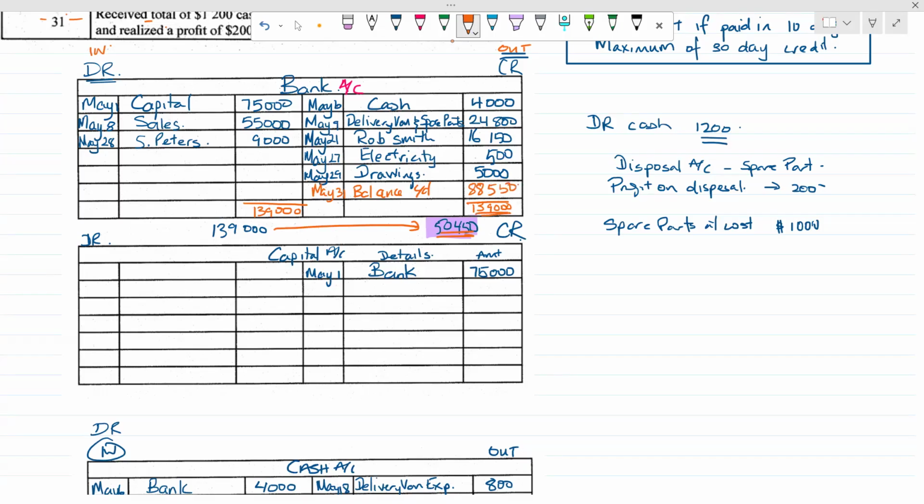And that's going to allow us to get both sides to balance. It also means that at the start of the new month, when I go on to June 1st, I will be starting that month with a balance brought forward of 88,550. To show that our account is balanced, we usually use double lines. Yeah?